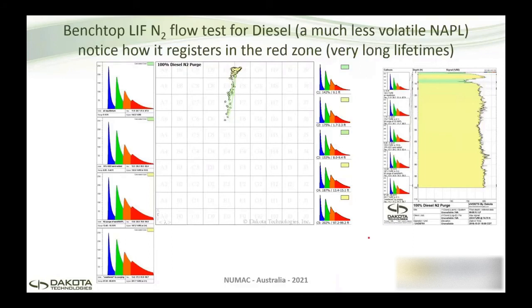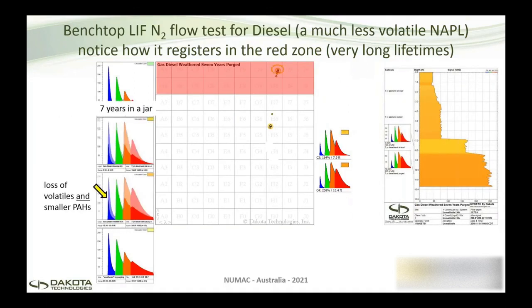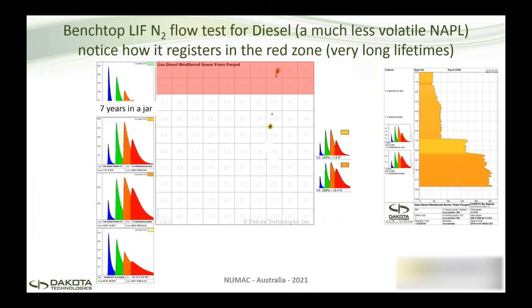But if I get to a site where over and over again, it doesn't matter where I'm finding it, it's the same waveform and there's hardly any weathering, and I'm seeing that short, long, I know I'm in diesel. Here's 7-year-old diesel. So it does eventually weather. It just takes a lot longer, but it's still quite high on the lifetime chart compared to gasoline.